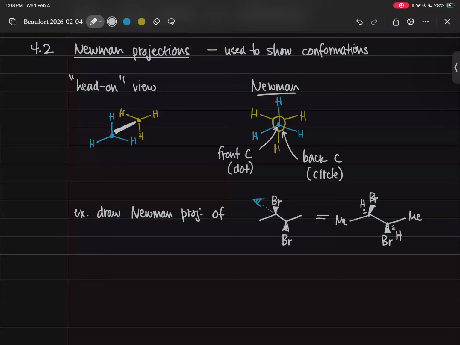Now, if you randomly put on a carbon, a hydrogen, and a bromine on both of your central carbons, there's a 50-50 chance that you actually won't get this molecule. You'll get one where there's a bromine on the front and one on the back.